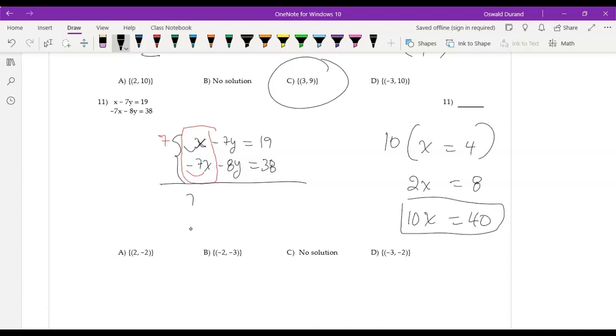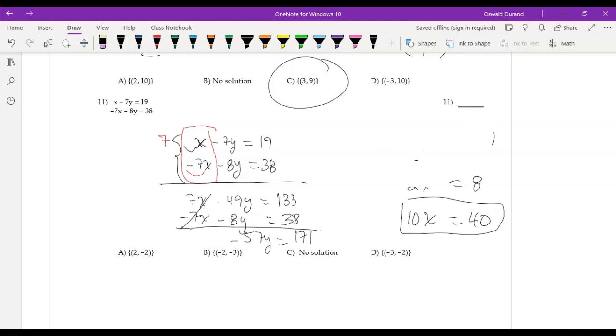Okay, so it's going to be 7x minus 49y equal to 19 times 7. Let me see what that is. 19 times 7 is 133. And then the second equation stays the same: negative 7x minus 8y equal to 38. Okay, so now you can add vertically. The x term is equal to 0. Now here I have what? Negative 57y equal to 133 plus 38. That's 171.